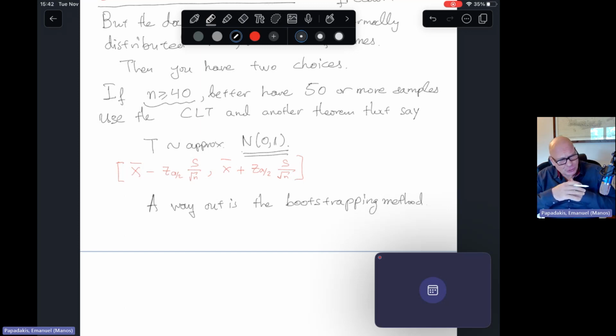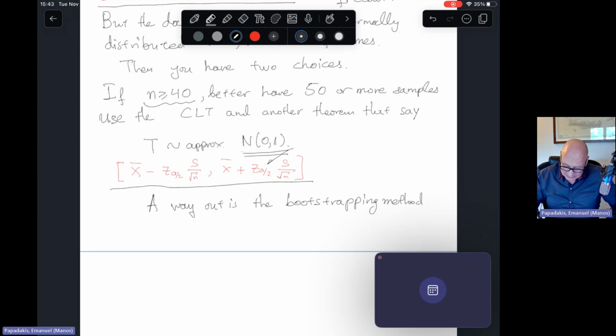Now, when your sample size is greater than 50, the differences between the student distribution and the normal distribution are really not very visible. And this is going to be your confidence interval.